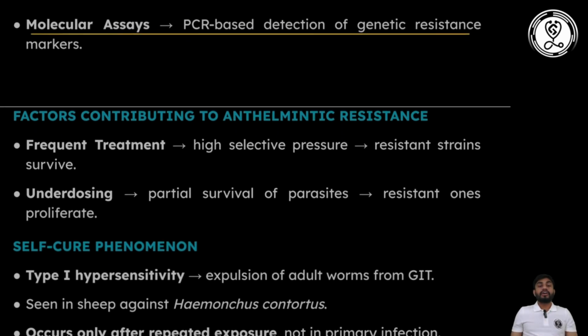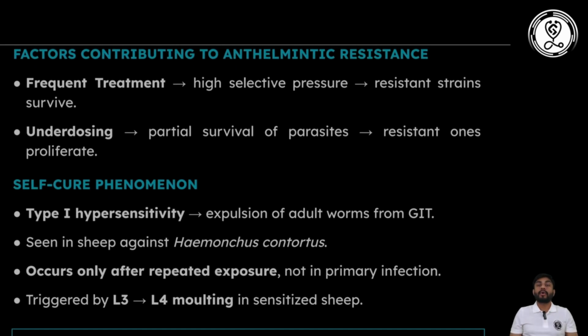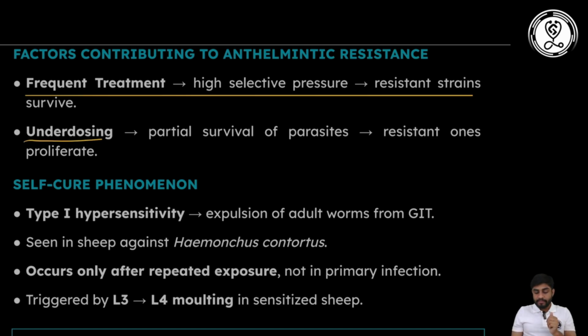Now the main point: why do these parasites acquire anthelmintic resistance? One major factor is frequent treatment, meaning you are continuously overdosing the drug, so the parasite strains will mutate and resist. Another is underdosing.